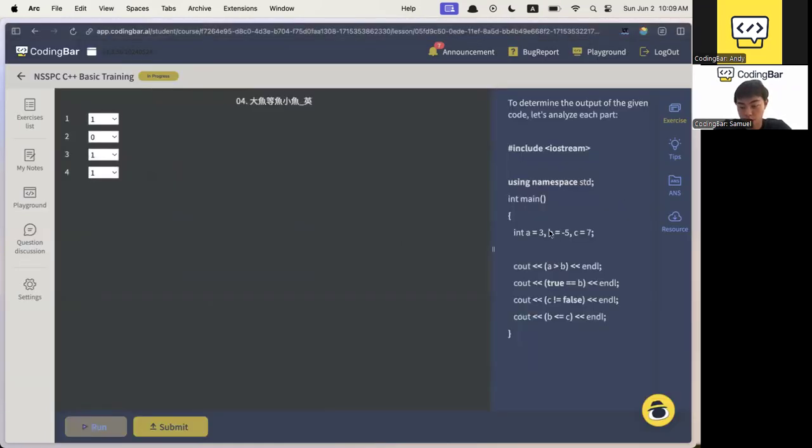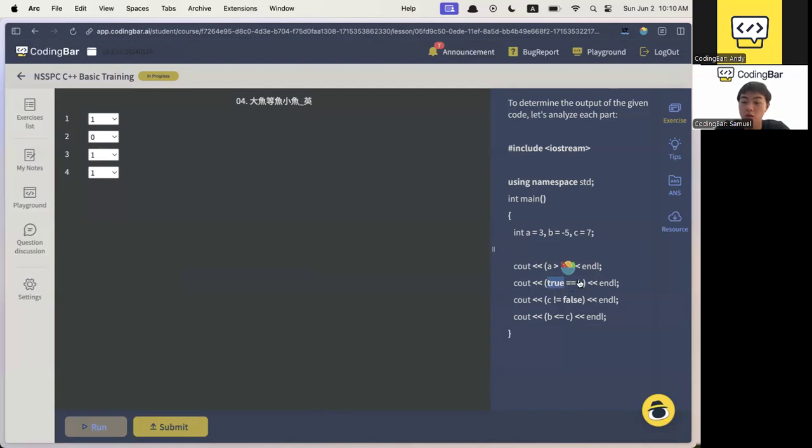How about this? So we have A equals 3, B equals -5, and C equals 7. Is A greater than B? 3 is greater than -5, so it's true, and true is printed out as 1. How about true equal B? True will be calculated to 1.